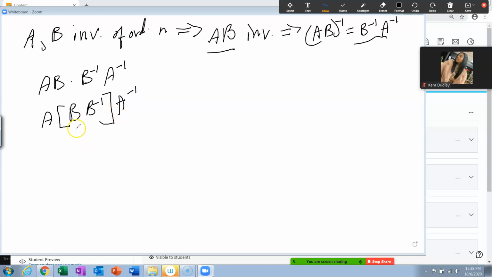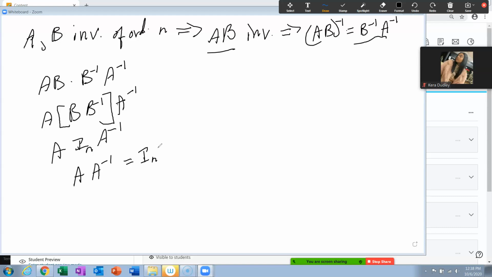Well, this is the identity matrix, so that'd be A times I times A inverse. Now this is the same size n. But A times I is just A, times A inverse. A times A inverse is I sub n. So there you have it. These must be inverses of each other because their product is the identity matrix of that dimension. That was a fairly easy little proof to do, so I went on and did that one.